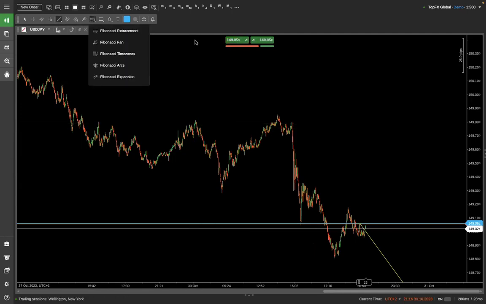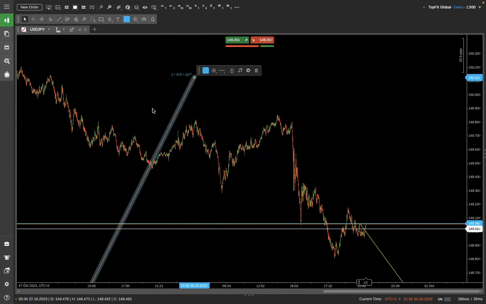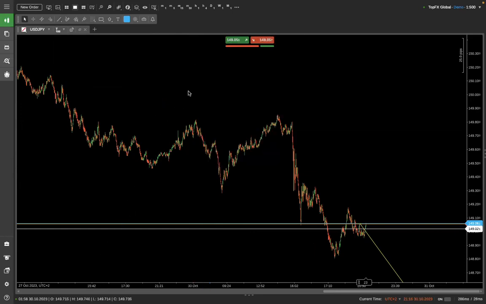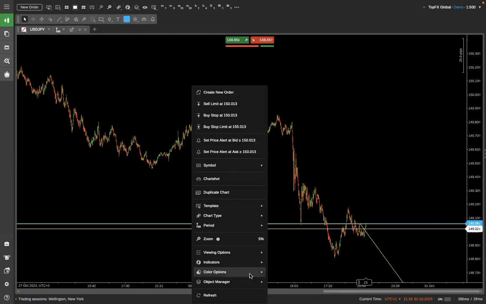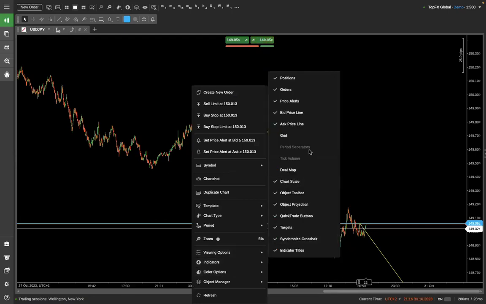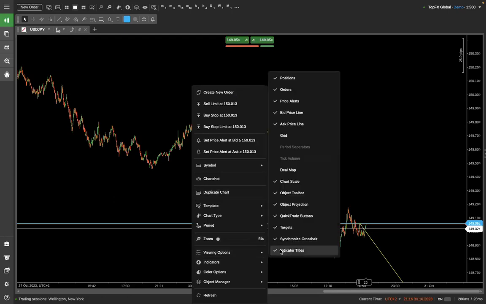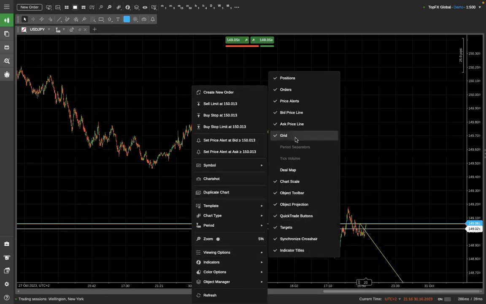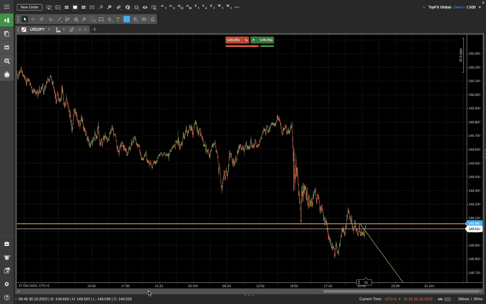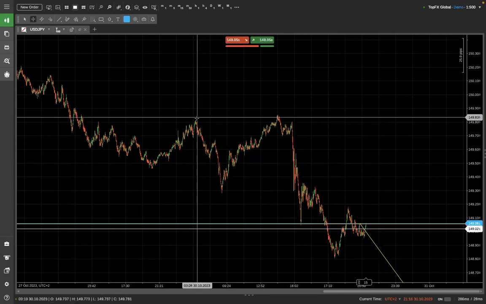We don't need this line, sorry. Go back to viewing options and the period separators. Okay, it's still not possible. Nevertheless, we can, for example, add some grid, and now it's even better because we can see the 30th of October, so October starts here on that high.